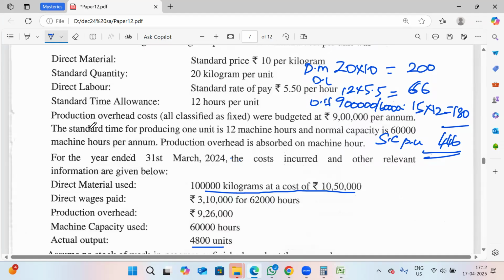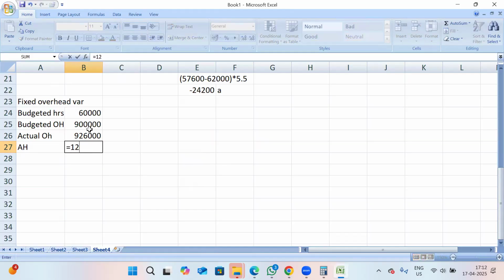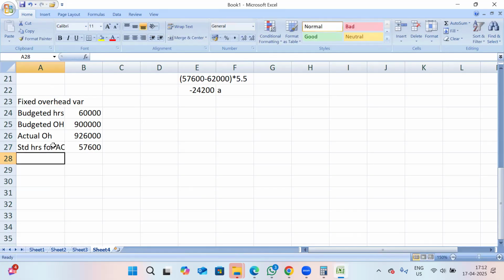We are using 12 machine hours, so 12 into 4,800. So this, 57,600, should be the standard hours required for actual production, for actual quantity. So 57,600 hours.